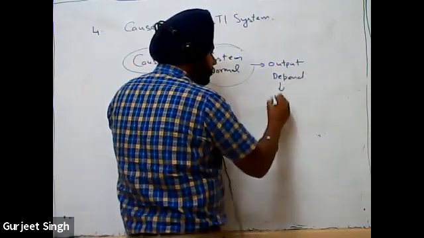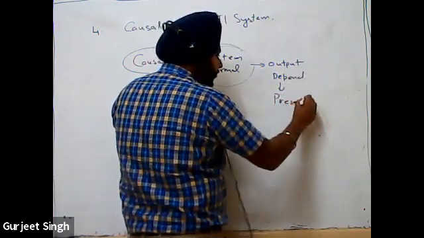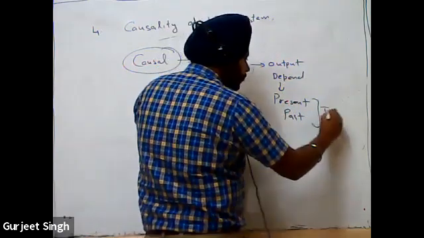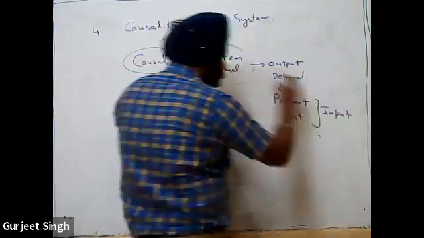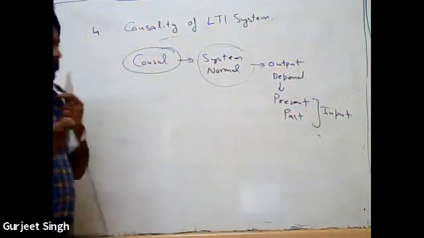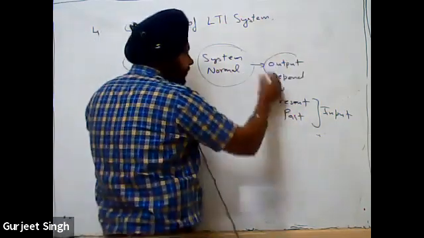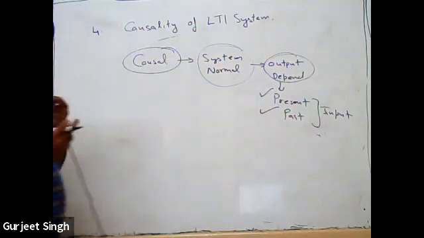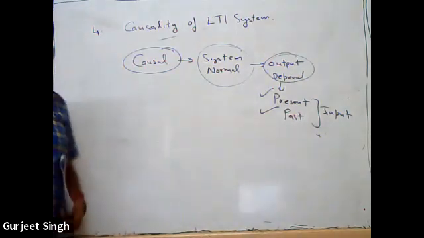This is the causal system we discussed in the last lecture: output depending upon the present and the past input. That system is called the causal system.